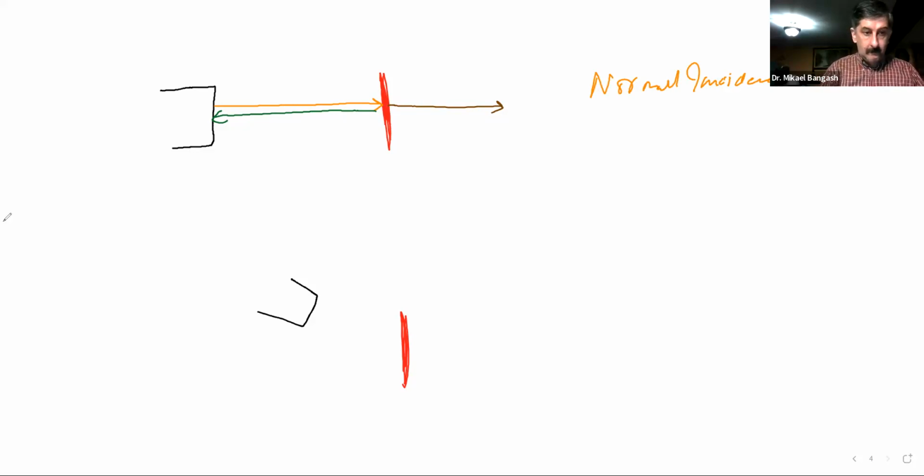Whereas this one here is going to be anything but a 90-degree angle, so that becomes an oblique incidence. Is that clear?